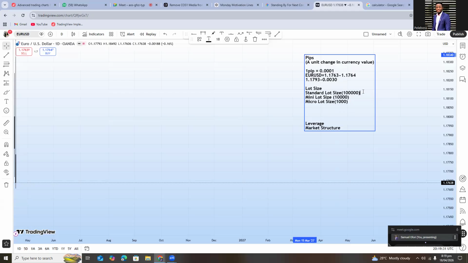And this translates to $10 per pip. And then this also translates to $1 per pip. And then the last one translates to $0.1 per pip.